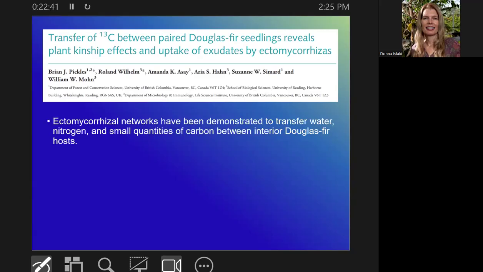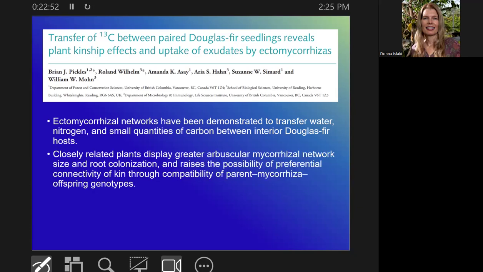And so they're saying, yep, we can show that these networks do transfer stuff like water and other things. They focused on carbon and they worked with Douglas fir, and they were looking at kin behavior too. They were looking at a lot of things in this paper.